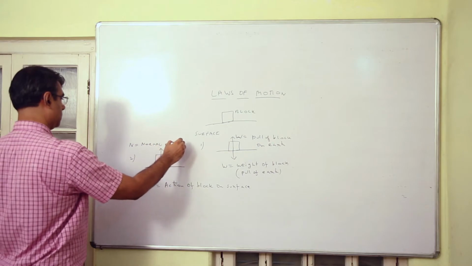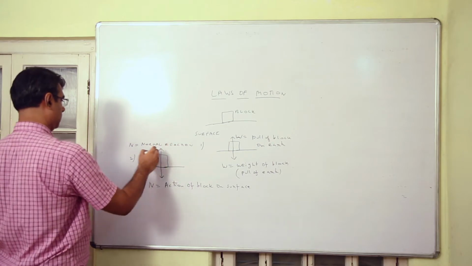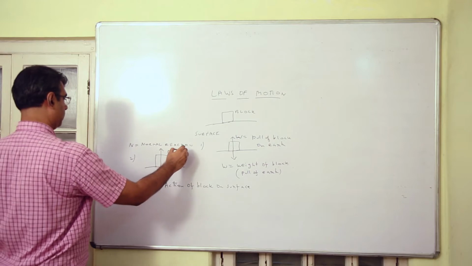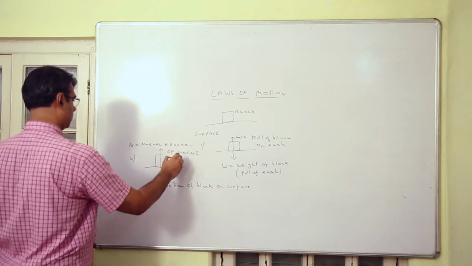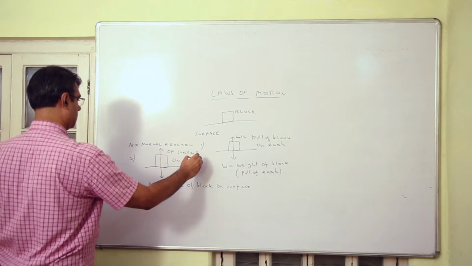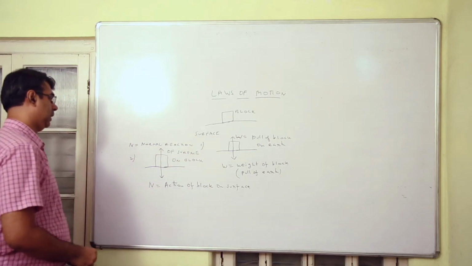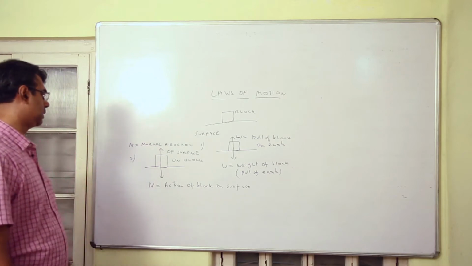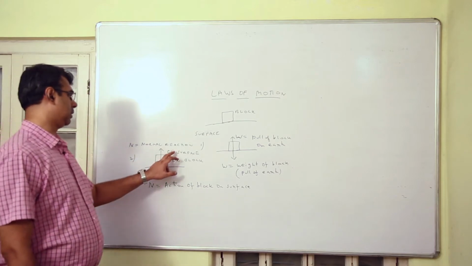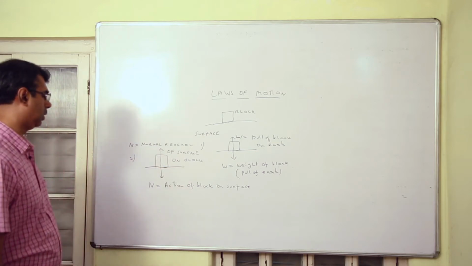So N is the normal reaction of the surface on the block. Once again, this N is the action of the block on the surface, and this N is the normal reaction of the surface on the block.